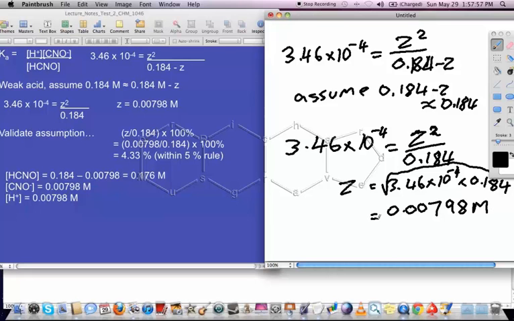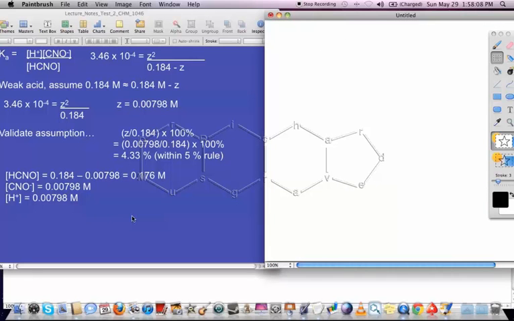Alright, so that's our value of Z right there. The next thing we're going to do is I'm going to validate that assumption. This was the assumption I made, that 0.184 minus Z is approximately equal to 0.184.